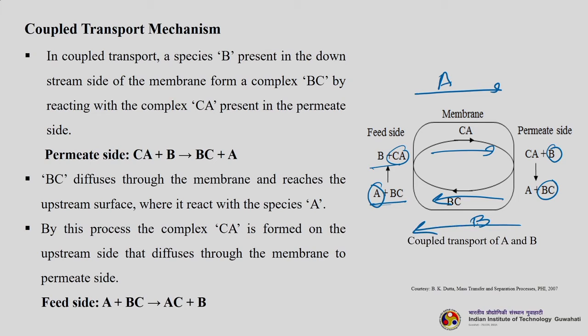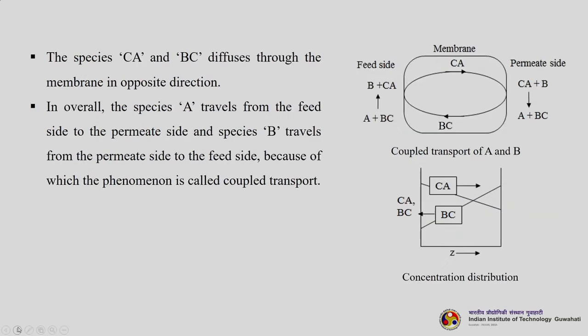By this process the complex CA is formed on the upstream side and diffuses through the membrane to the permeate side. A plus BC gives CA plus B. The species CA and BC diffuse through the membrane in opposite directions. Overall, species A travels from the feed side to the permeate side and species B travels from the permeate side to the feed side, because of which the phenomenon is called coupled transport. So, it is basically a coupling effect.